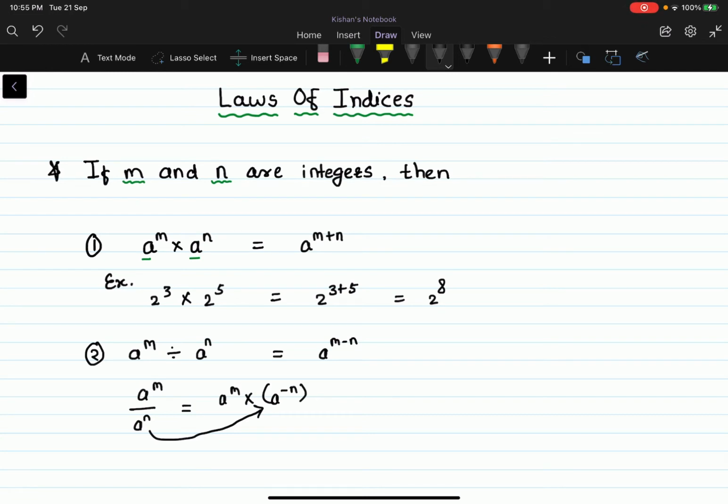Now we can use the first law of indices, which says to add the indices, that is a raised to m plus another indices, that is minus n here. Therefore a raised to m minus n. Example, 2 raised to 5 divided by 2 raised to 2 becomes 2 raised to 5 minus 2, that is 2 raised to 3.